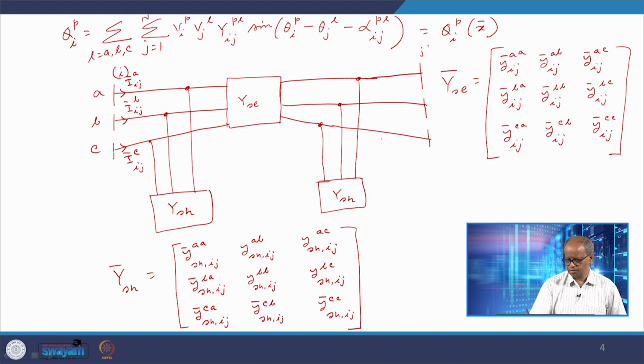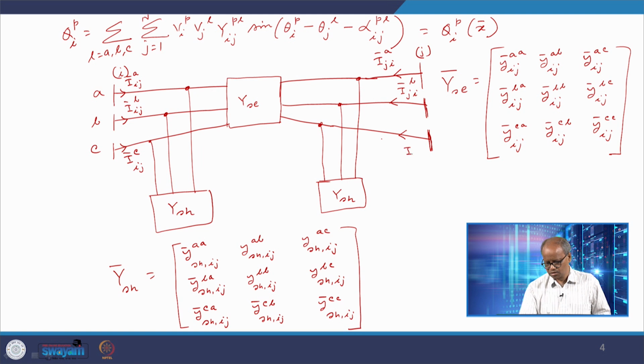So this is J bus, this is phase ABC. My drawing is a little bad, so please bear with me. And this current would be, from bus J to I, let us define it, I J to I A, I J to I B, I J to I C. So, this is the current.